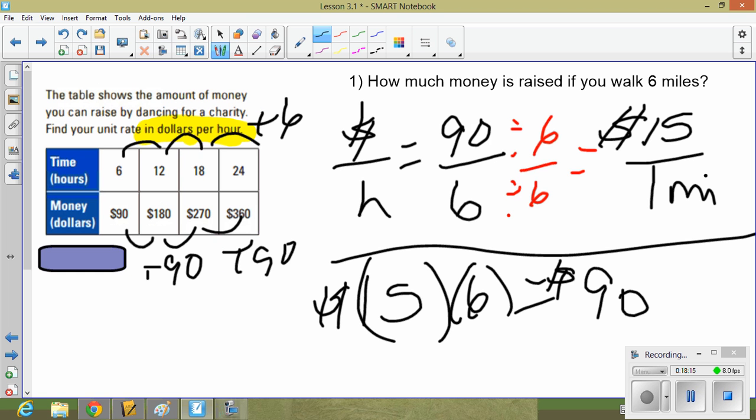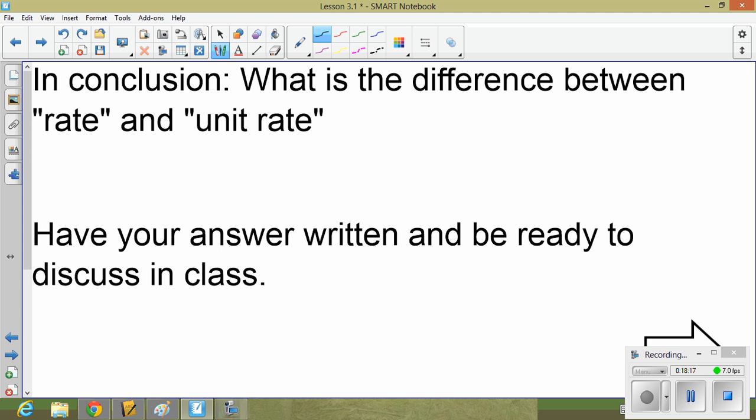Okay, we're going to stop here. Remember, there have been some vocab words. Please be sure for tomorrow you answer the critical thinking question and also be able to explain to me the difference between rate and unit rate. And be sure you have this ready to discuss in class.